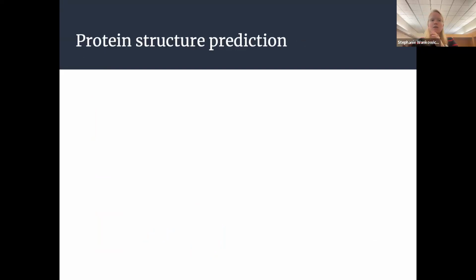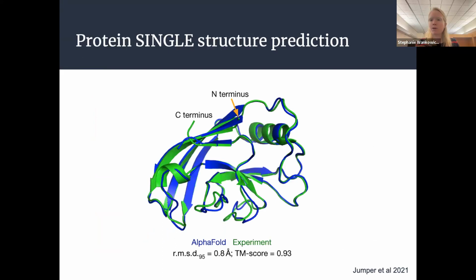When we think about protein structure prediction, while I'm going to be fairly critical on the protein structure prediction side today, it's pretty amazing that we're even having this conversation. We have started to make massive inroads on protein structure prediction. But to me, I see this as single structure prediction.